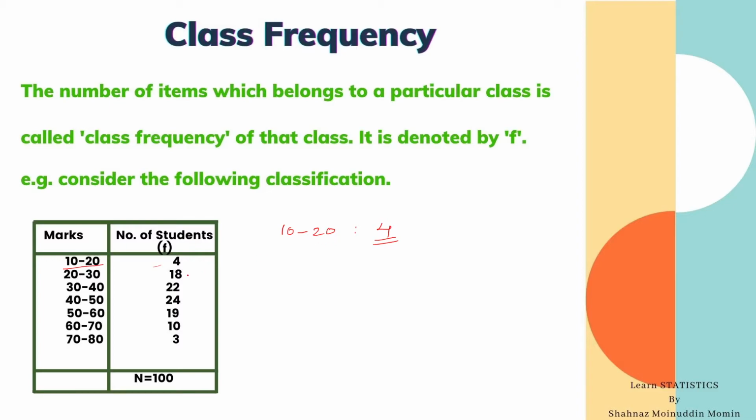Similarly, 18 is the frequency of the class 20 to 30. Likewise, 3 students is the frequency of the class 70 to 80.